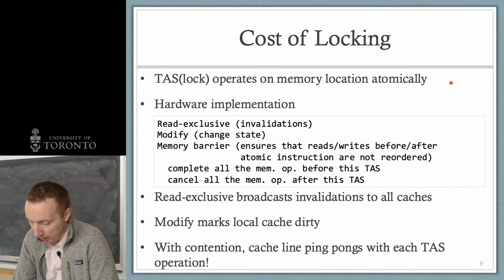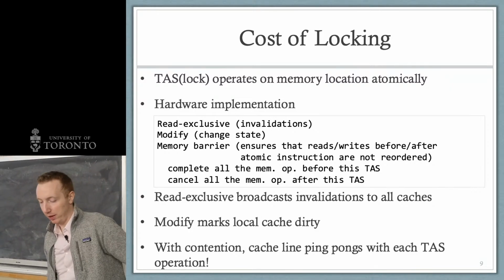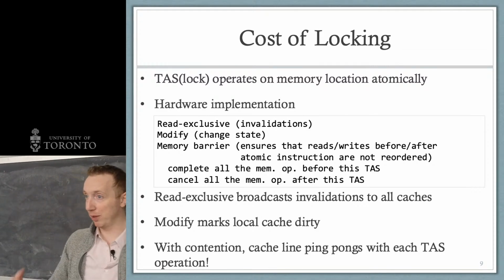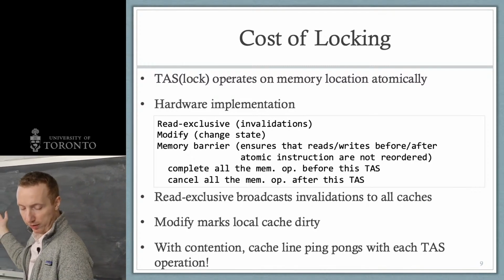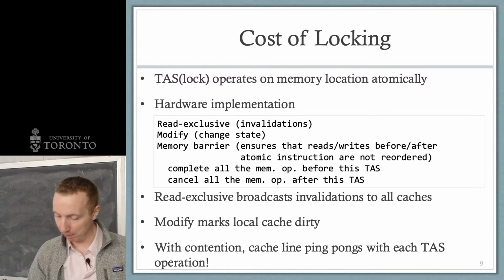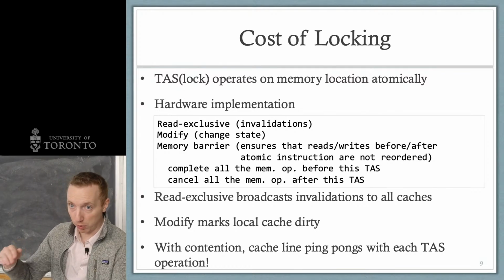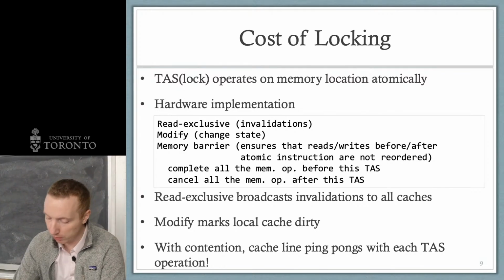So that test and set operates on memory atomically. It has to. The hardware implementation, relating it back to the cache coherency stuff, has to do a read exclusive, invalidate, modify something, and then some memory barrier to ensure that things are actually ordered, that I actually observe the writes or the reads before other ones.